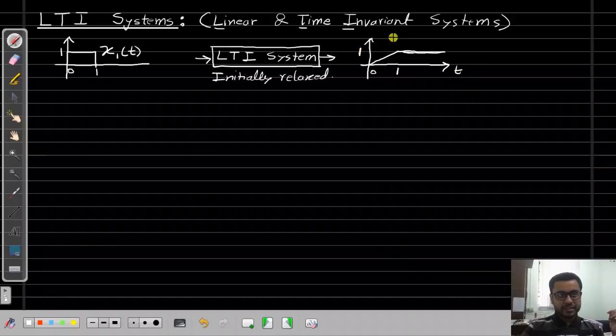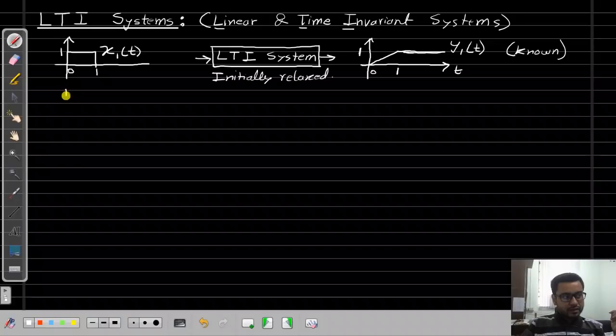Time versus output. Call this particular pattern y1(t). So this is known to me: if you give x1(t) as the input, then y1(t) is the output. This is known or given.